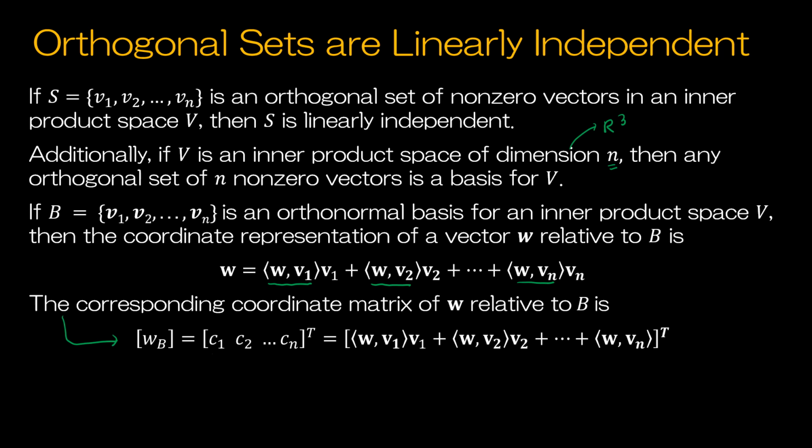We're trying to find those C values, those scalar values, and to find them, we take W multiplied by each of the original vectors. So we're going to use this in our next example.